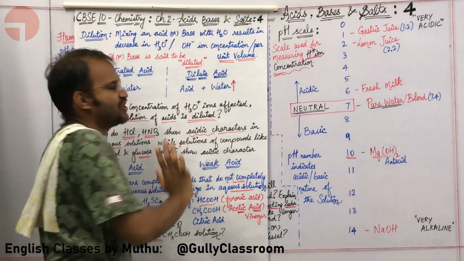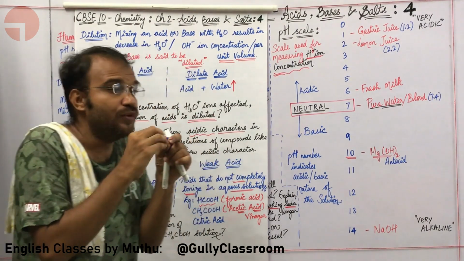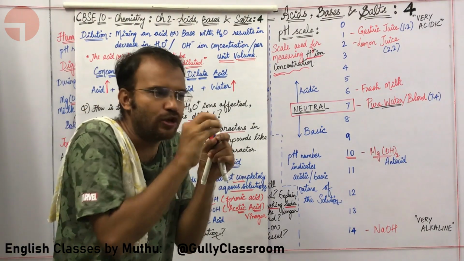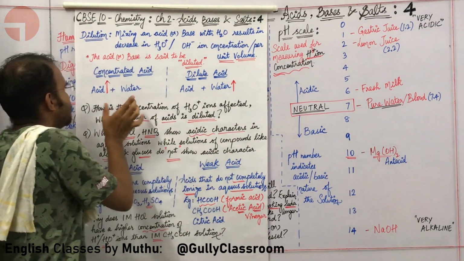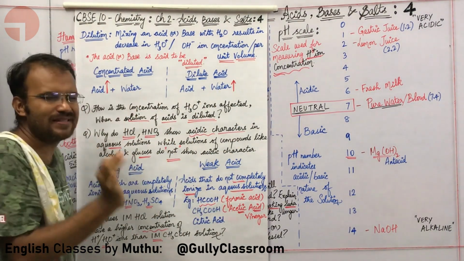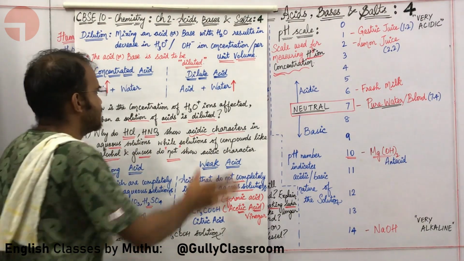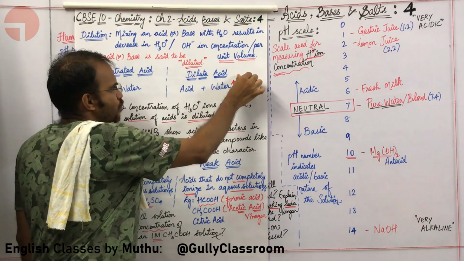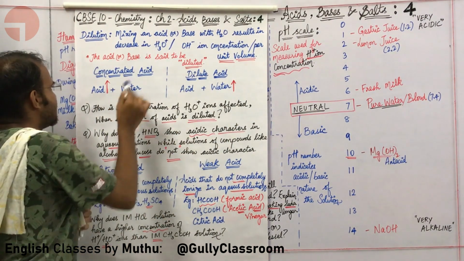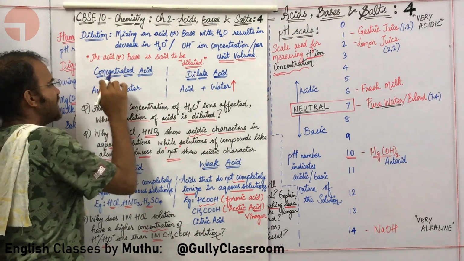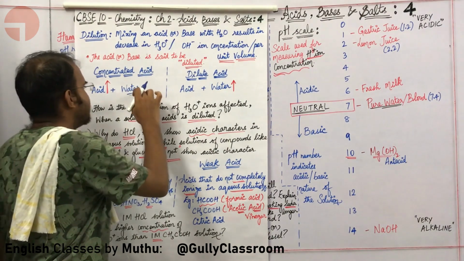This is called dilute acid. If you mix more water to an acid, it is called dilute acid. If you mix less water to an acid, it is called concentrated acid. In simple words, in dilute acid, the amount of water is more, acid is less. In concentrated acid, the amount of acid is more, water is less.